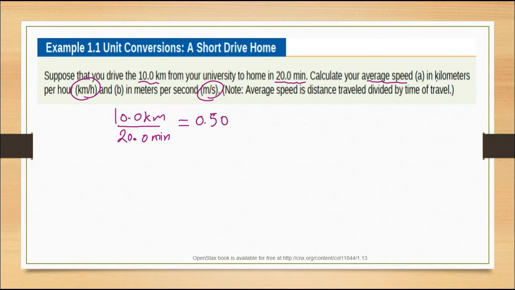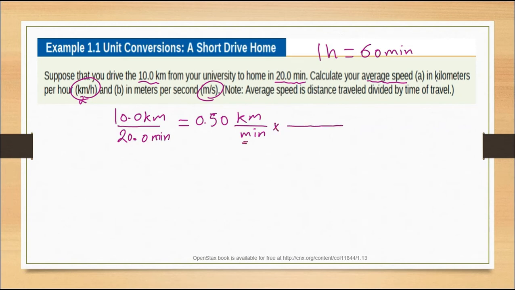0.500, 3 significant figures, kilometers per minute. We want to change it to kilometers per hour. Kilometer doesn't change. We know that 1 hour is equal to 60 minutes. So what we do, we multiply this by another fraction.